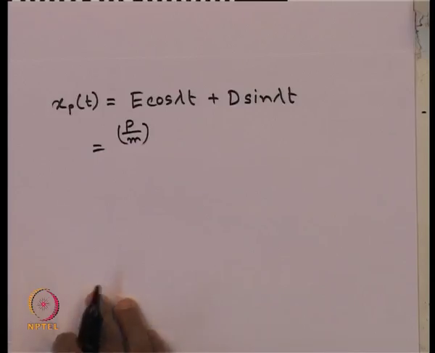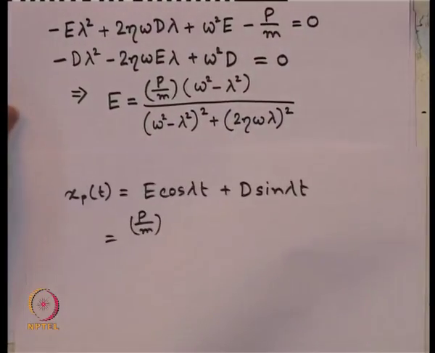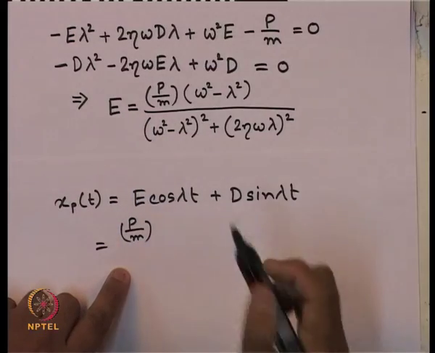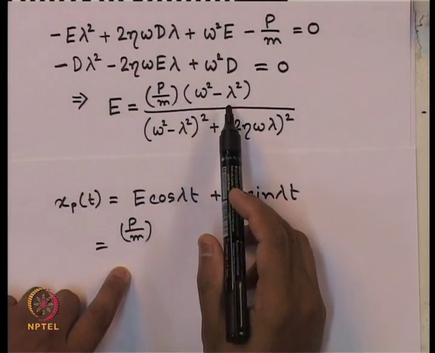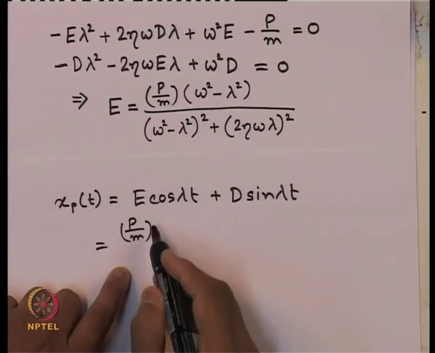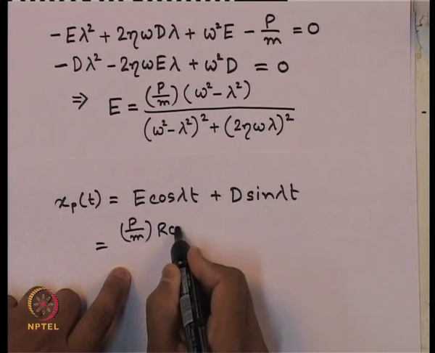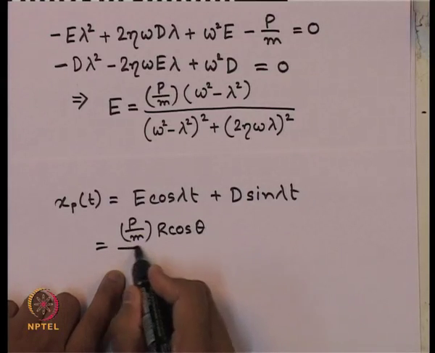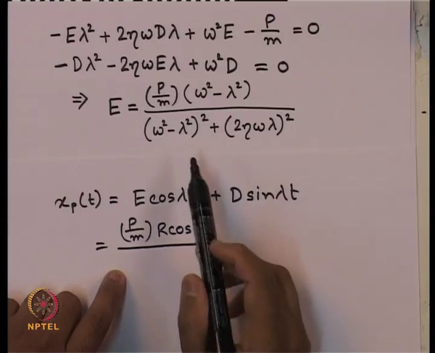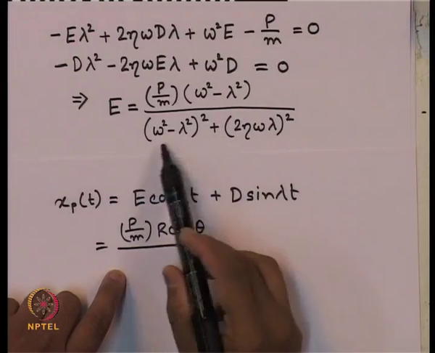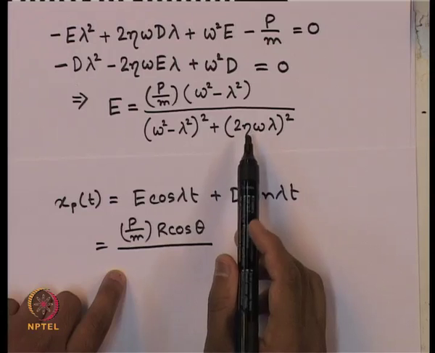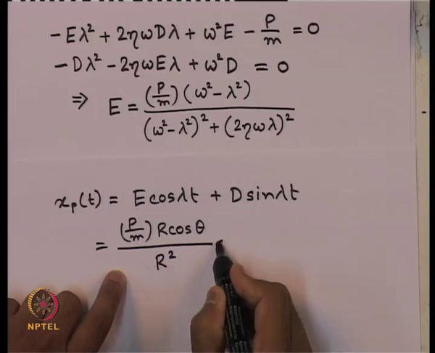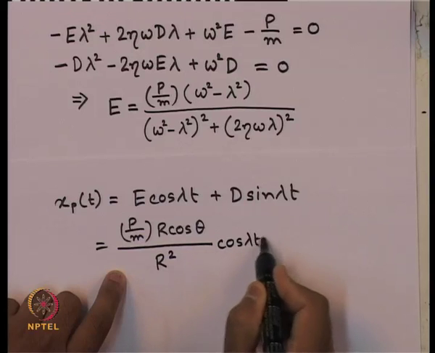Let me put the expression of e, so it will be easy for us to follow. So, e was p by m omega square minus lambda square. What is that? We have assumed that is r cos theta. Then in denominator we have this parameter, which is nothing but our r square, times cosine of lambda t.